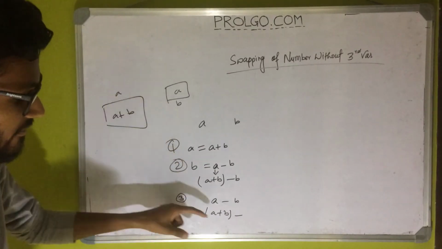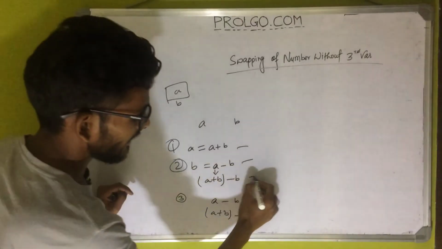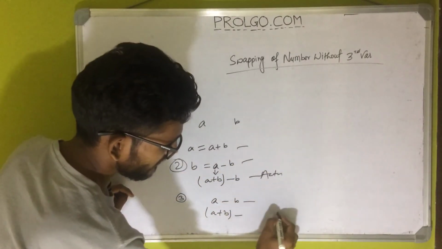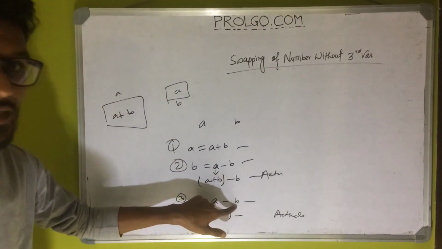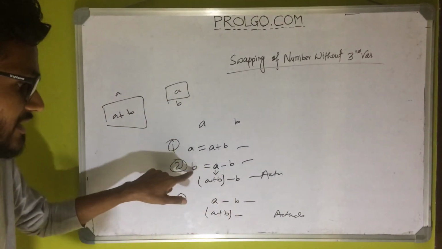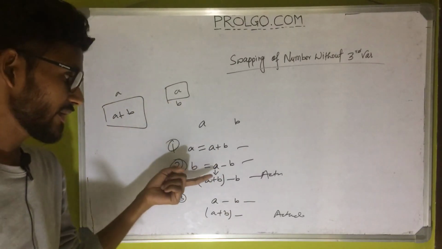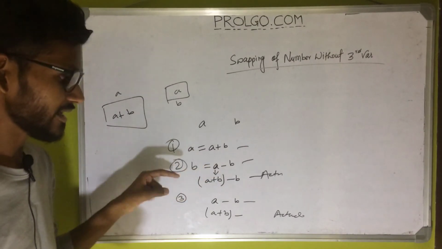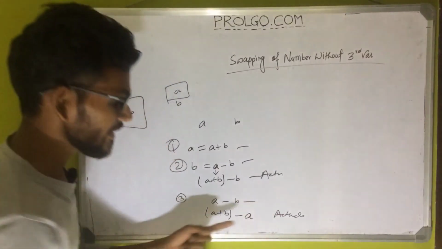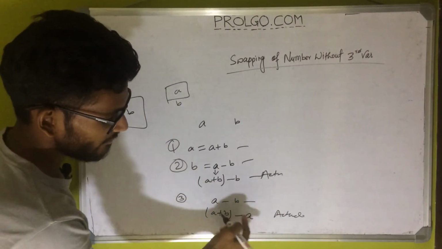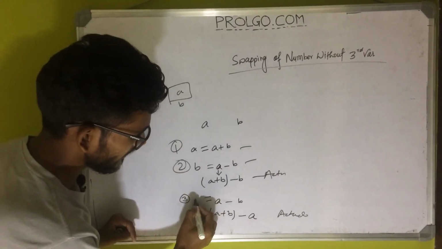This is the logic we are using, but this is the actual data. So now b in fact contains a, because we have already executed the previous statement. So a plus b minus a will be b. Store it into a.